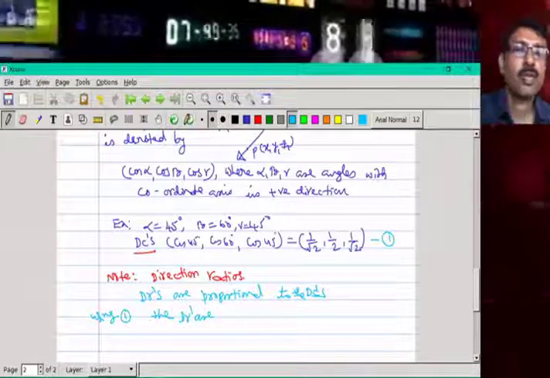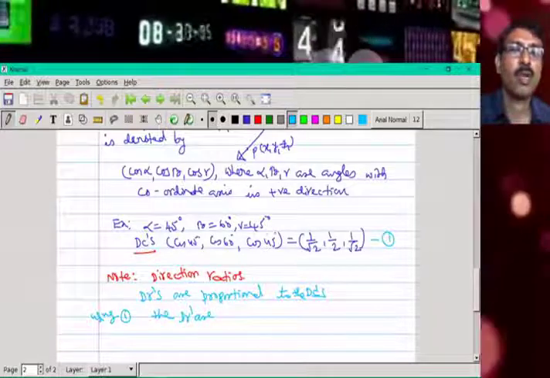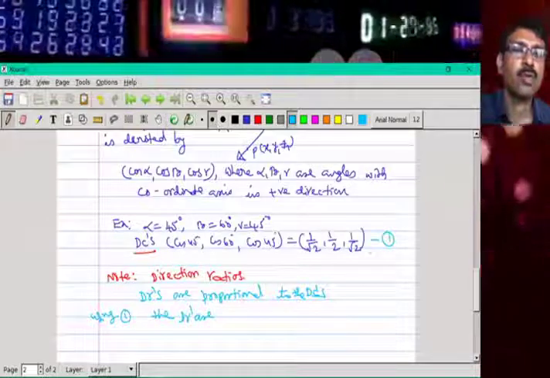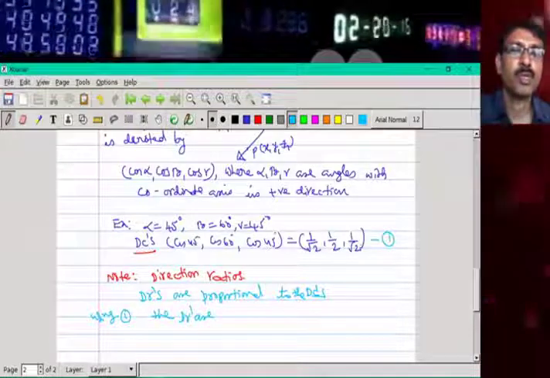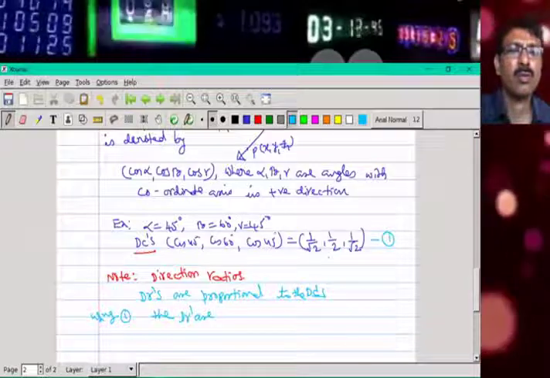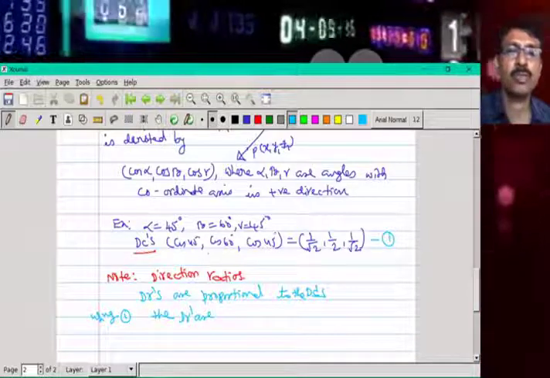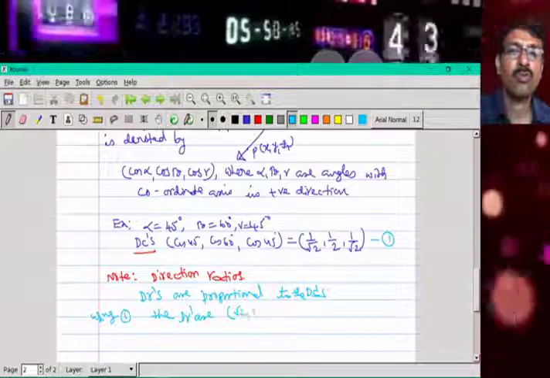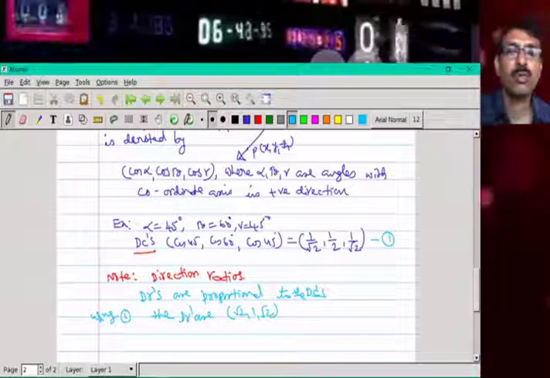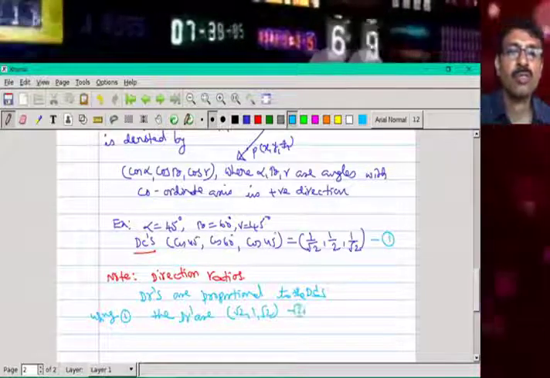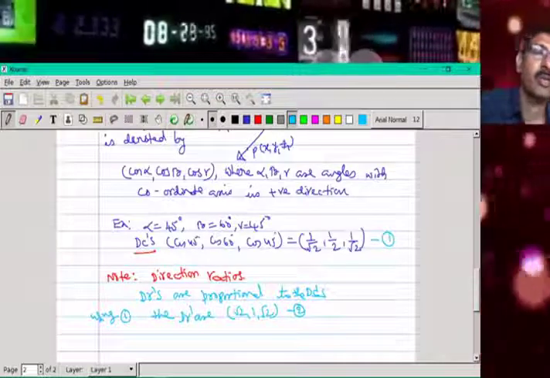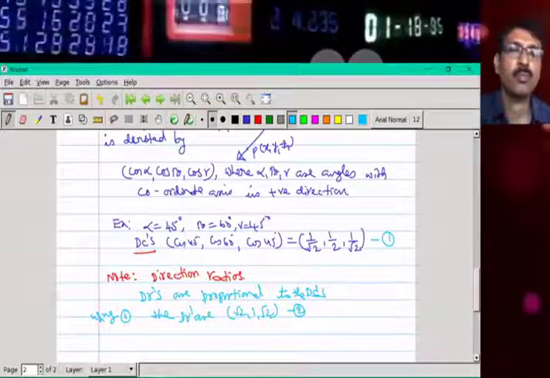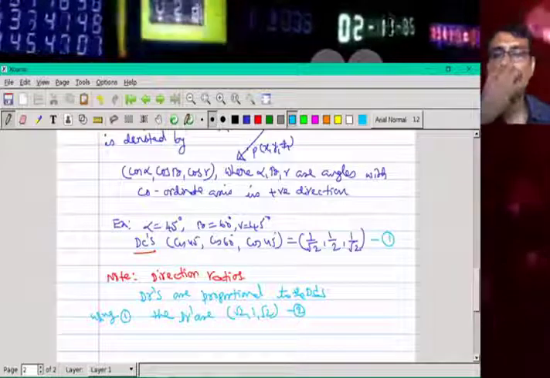So multiplying each number of equation 1 by root 2, we get root 2, 1, root 2. Equation 2 is obtained by multiplying each number by 2. You can multiply or divide by any number.